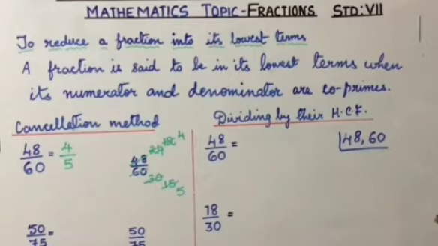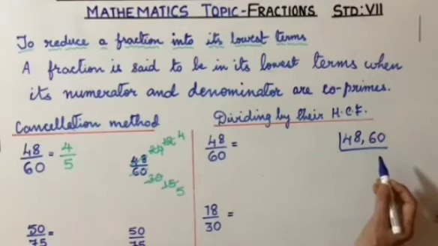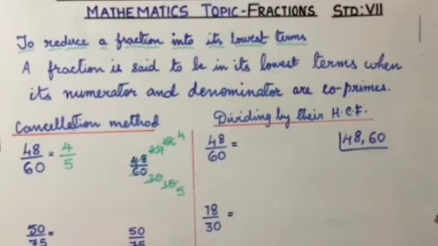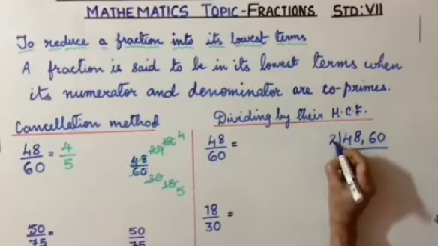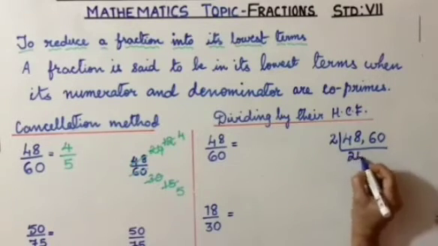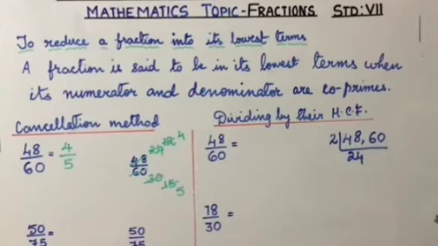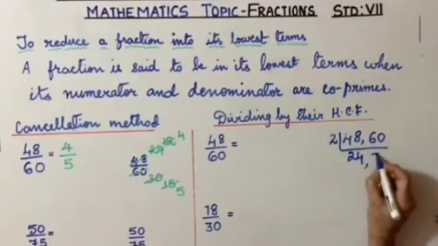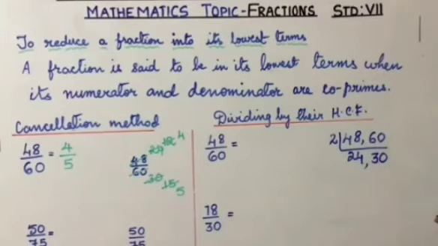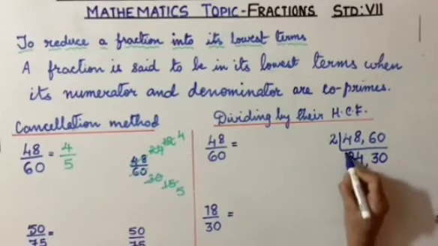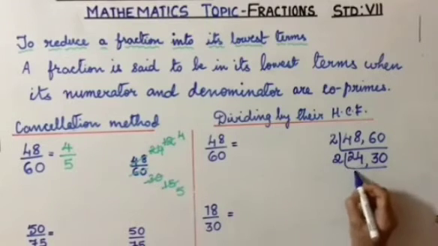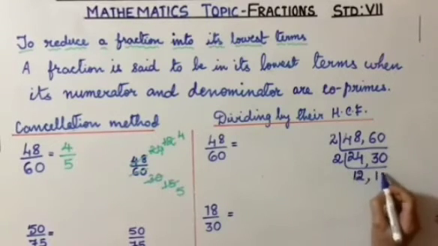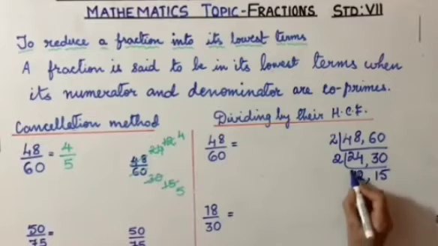Children, again let me tell you, if you cannot guess like that, go by smaller factors like 2. 2 24s are 48, 2 30s are 60. Again, 2 12s are 24, 2 15s are 30.